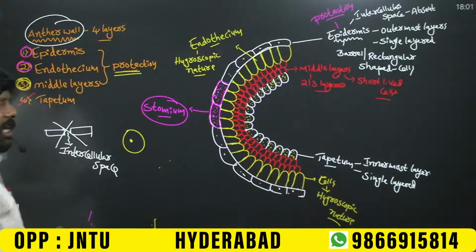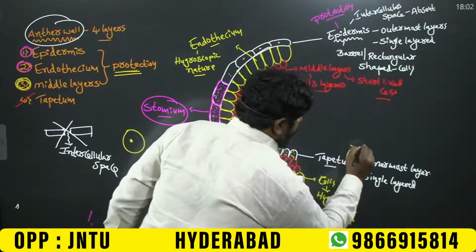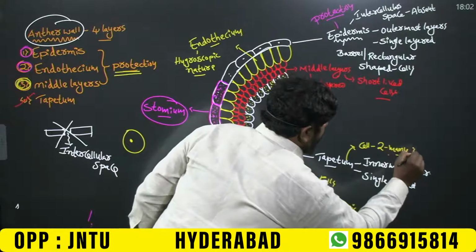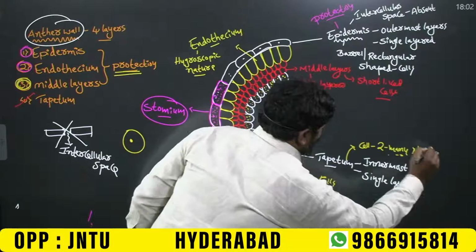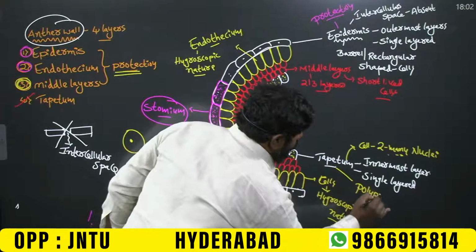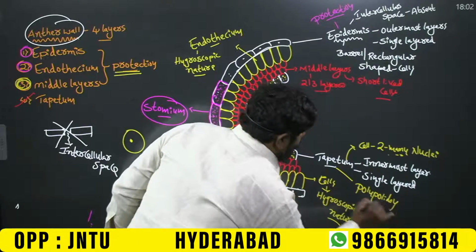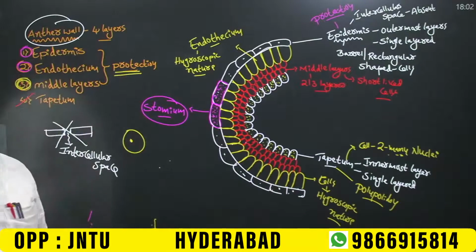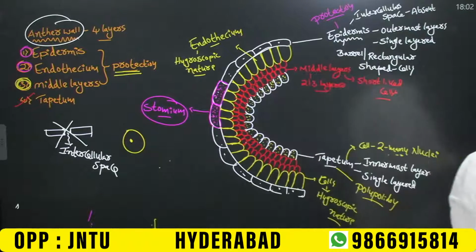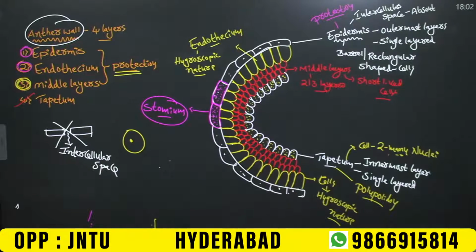Every tapetum cell consists of 2 to many nuclei. Very, very important point. That's why, what is the ploidy of tapetum? The ploidy of tapetum is polyploidy: haploid, diploid, triploid, polyploid and so on. So tapetum consists of many genomes.